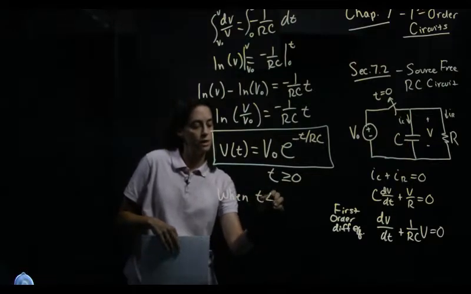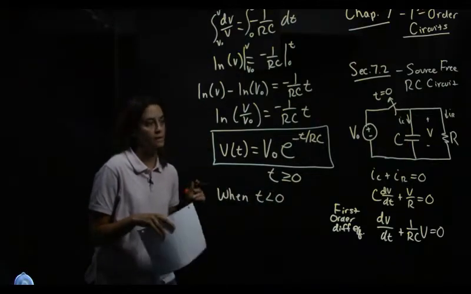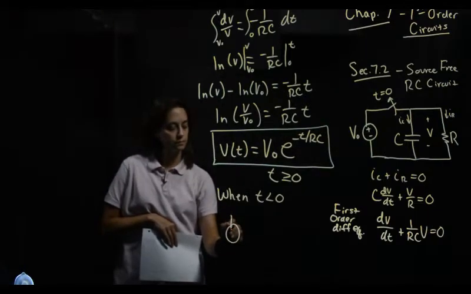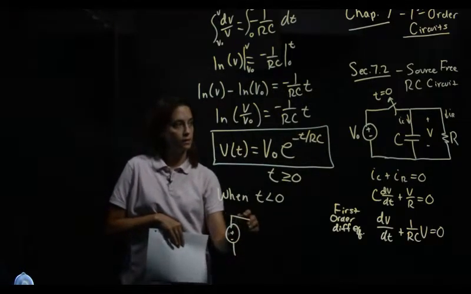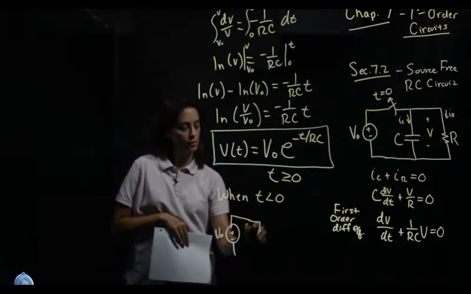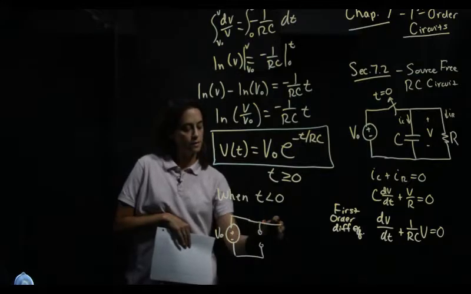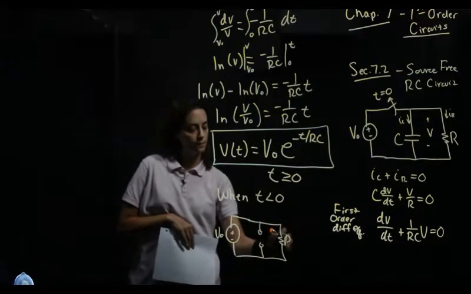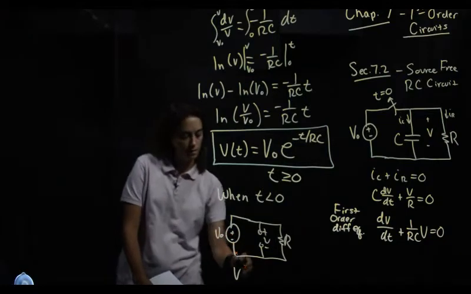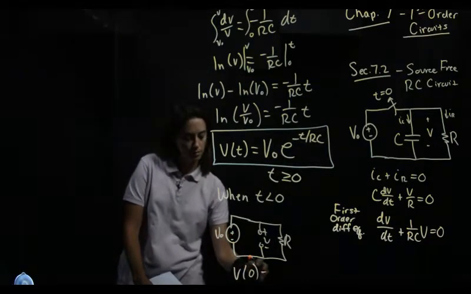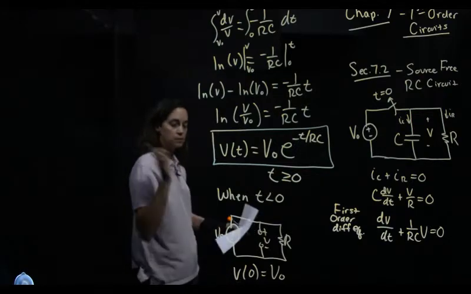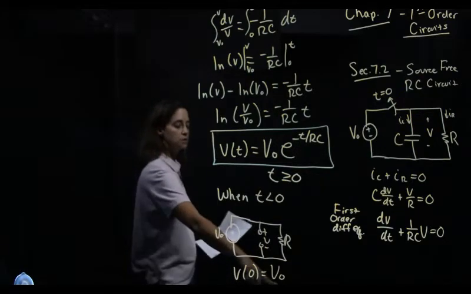When t is less than 0, I can actually solve that very simply. My capacitor looks like an open. Everything's in parallel. So my V of 0 is V naught.